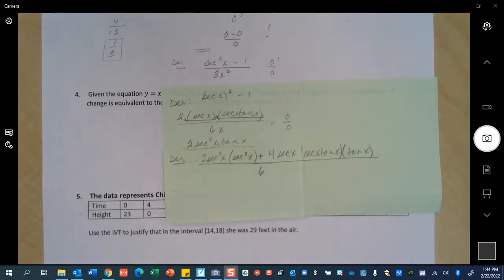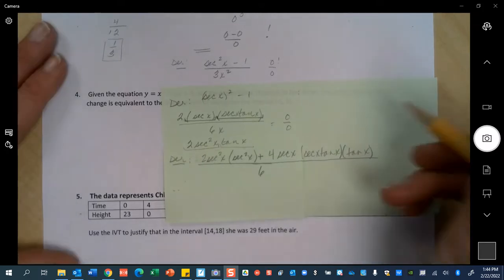Let's double check that. Here's my first term times the derivative of the second. Derivative of my first term is this comes down for this to the 1 less power times the derivative of what's inside times the second term. I think I got it right. Over 6. So let's talk again about where we're talking about.